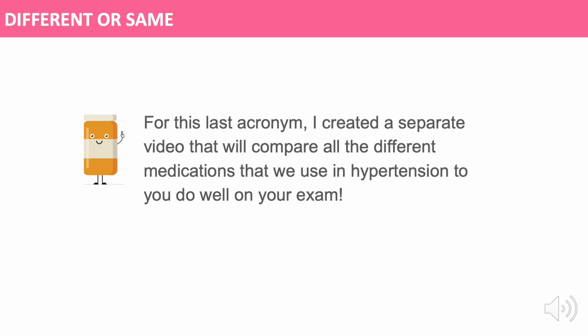D stands for different, and I also add in different or same here because this is really important when you're comparing and contrasting drugs within the same drug class and drugs that are not within the same drug class. For the ACE inhibitors, they're pretty much all the same overall as a drug class.